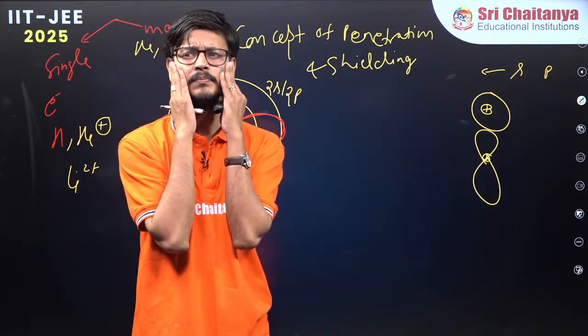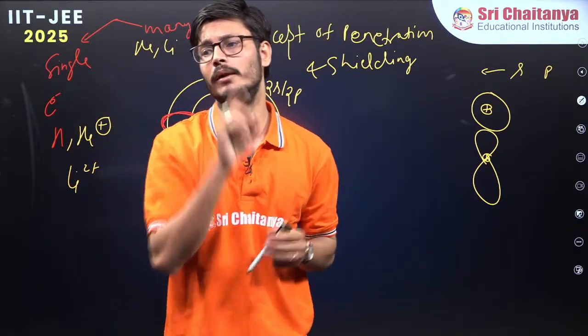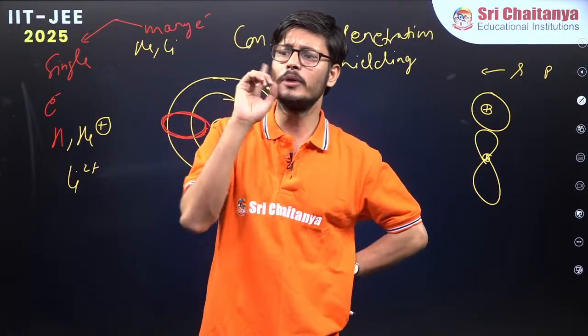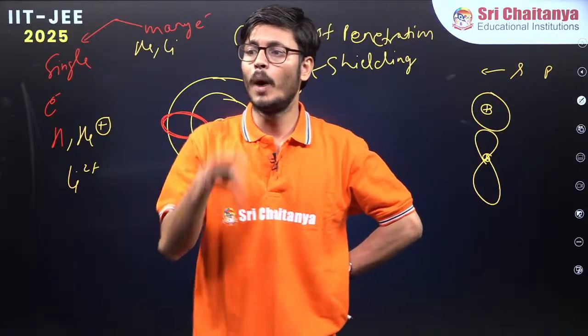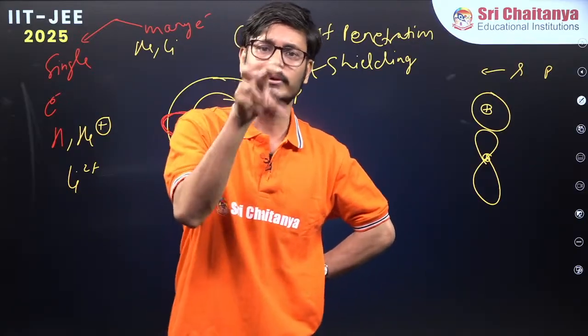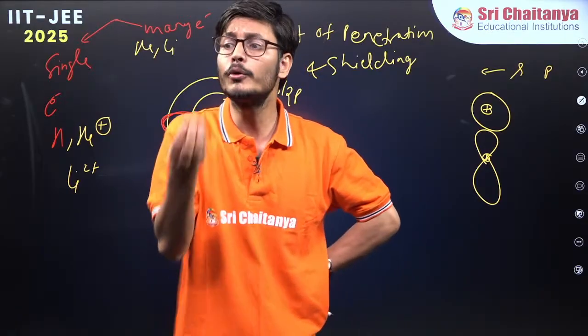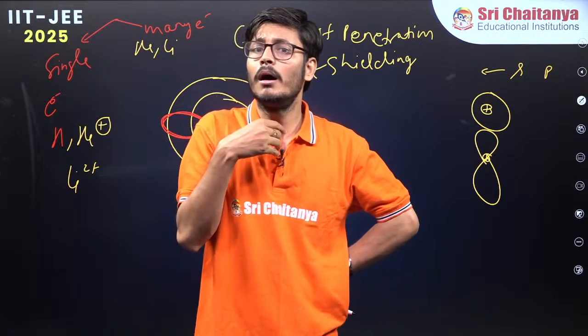Now let me imagine. Let us say that at your home you are a single boy. Listen to me carefully. You are a single child, and a laddu came to your home. Your mother is holding that laddu. Who is going to eat? Only one child, right?